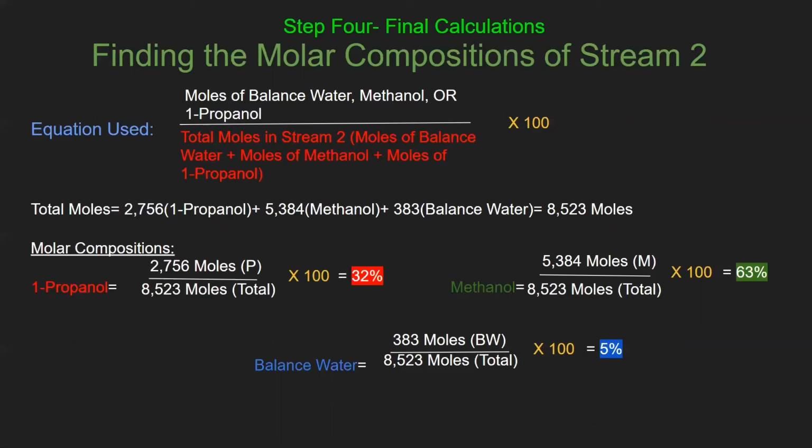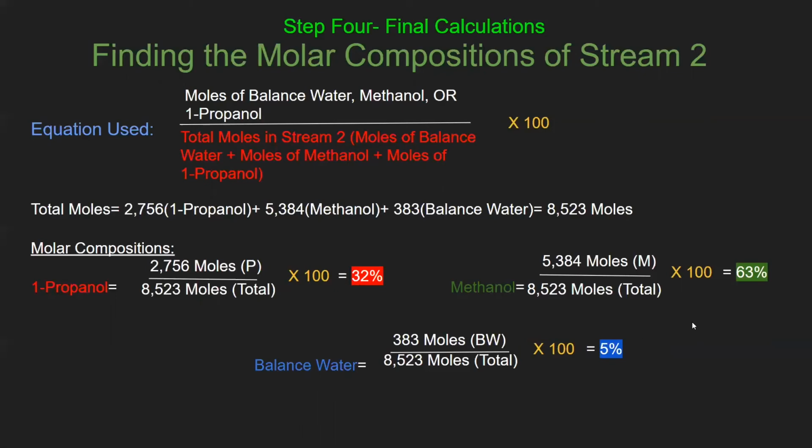Now to find the molar composition for 1-propanol, you're going to divide the species mole, 2,756 moles, by the total moles, which is 8,523 moles. Multiply that by 100 and you should get 32%. Now we're going to do the same thing with methanol, except we're going to do 5,384 moles because that's the methanol moles that we calculated.